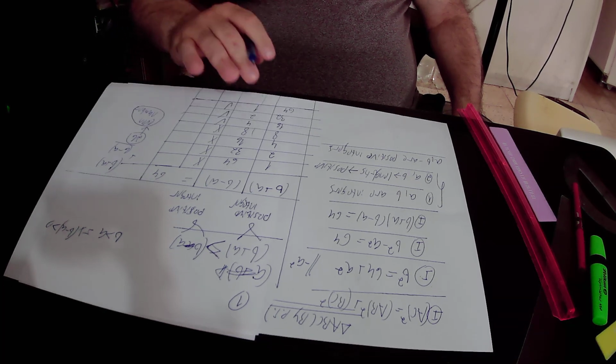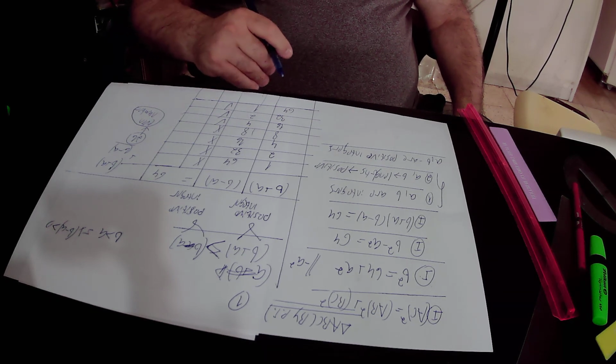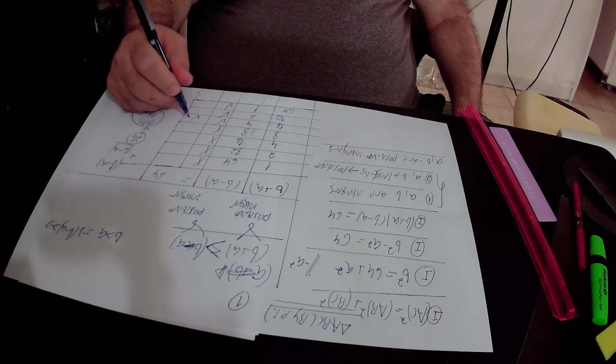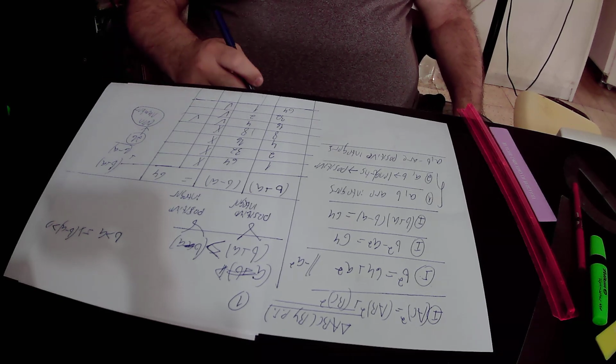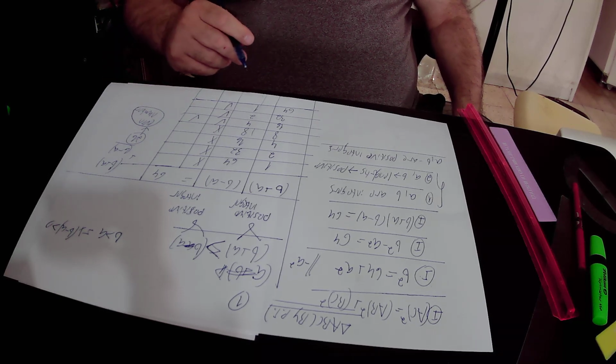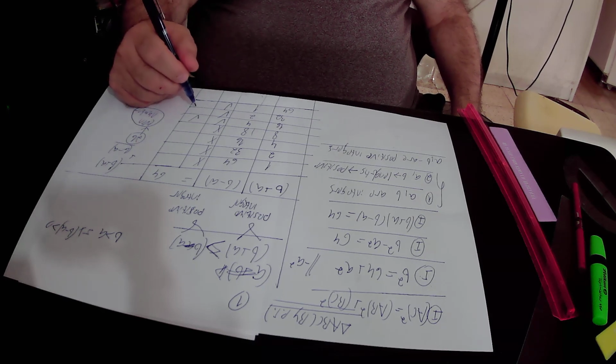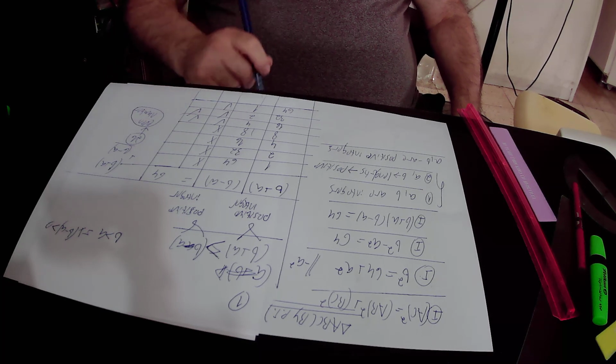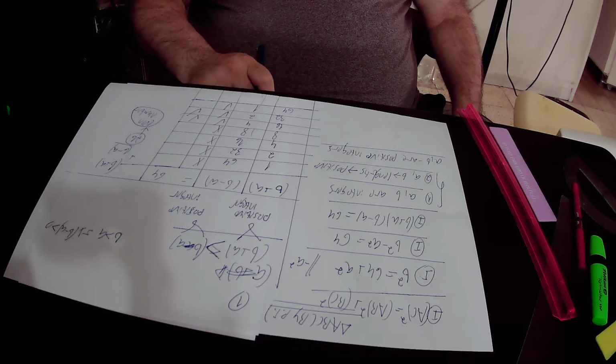So here 16 plus 4 is 20. 20 is an even number, therefore this is a good possibility. 32 plus 2 is 34. 34 is an even number, therefore it is also a good possibility. But 64 plus 1 is 65, that is an odd number.